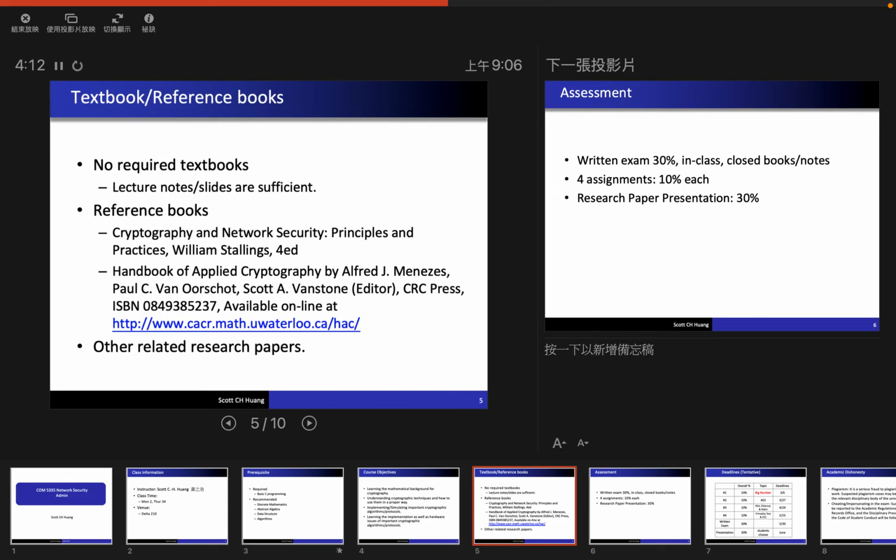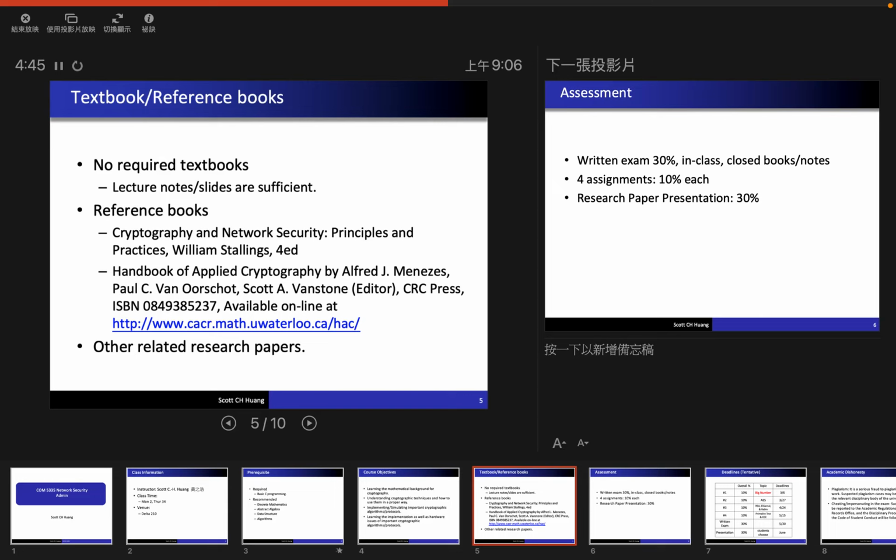And there is a reference book. This book is free online, and we extract some parts from this book. This book is really big and contains everything, so it's not possible to cover it all. It is also a little old, so it doesn't cover elliptic curve cryptography.